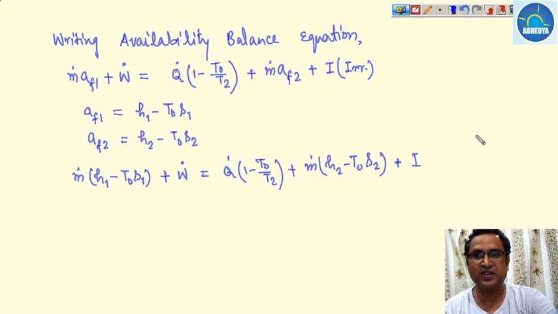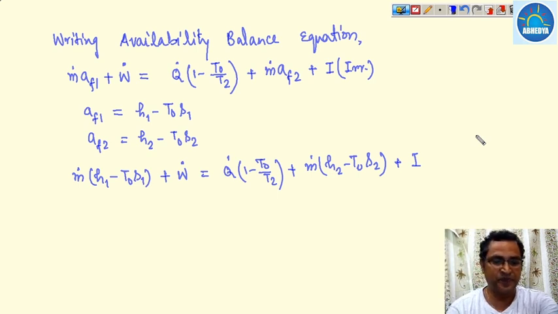So from here, by putting in all the values, because we know H1, we know H2, and we know how to calculate S1 and S2.